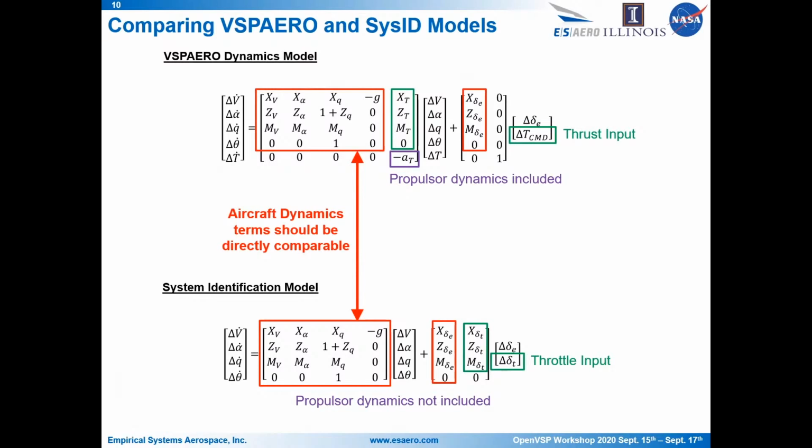There's an assumption that they may not be significant enough to warrant inclusion in the dynamics here. So those differences are hard to bridge across the gap. However, the set of pure aircraft dynamics highlighted in red should be directly comparable as they follow the same form.